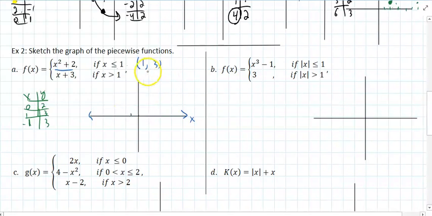You could say, this graph starts at 1, 3. And then you could say, well, okay, now since x is less than 1, let me pick 0, 0, 2, and continue the graph that way. Whatever works.